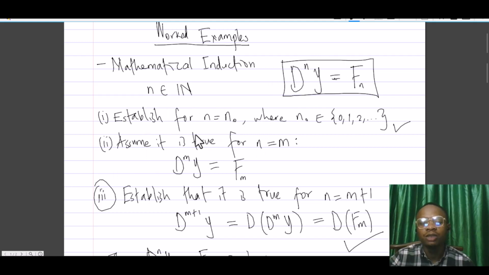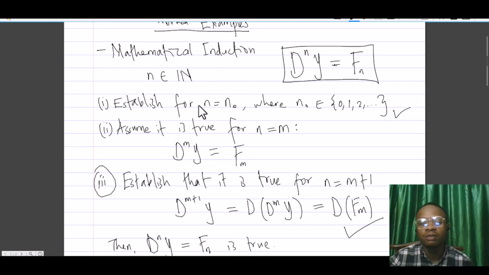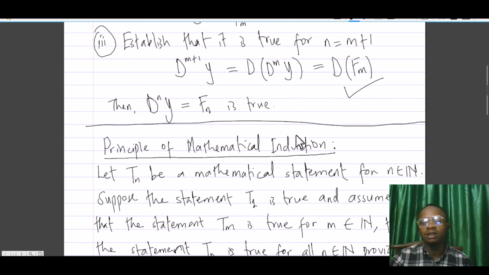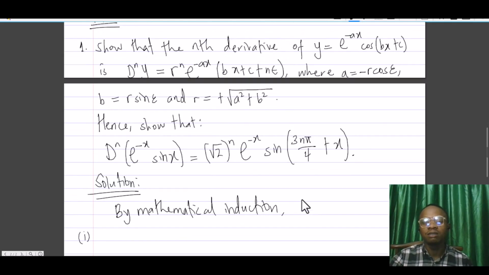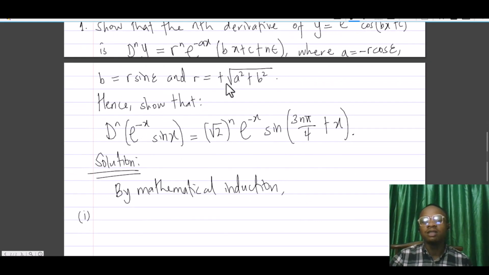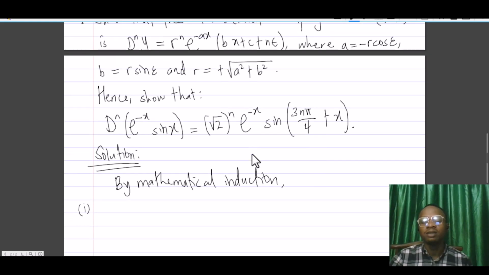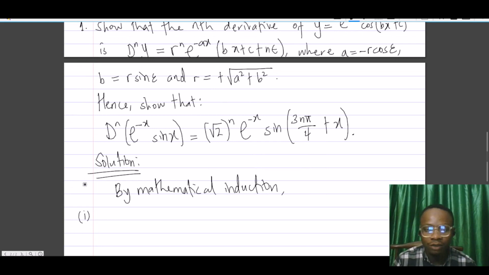Once we have done that, we'll proceed with the next step. So the first thing is to check if this formula will hold when n is equal to 1. So we now check the first case: let n equals 1.